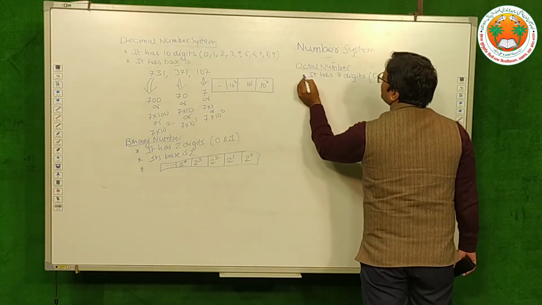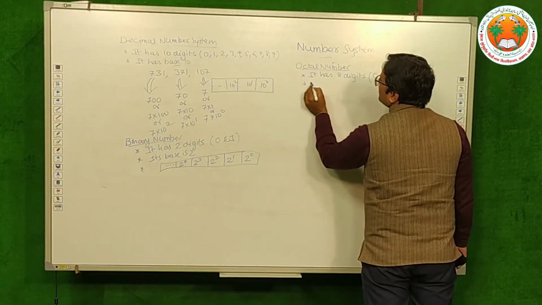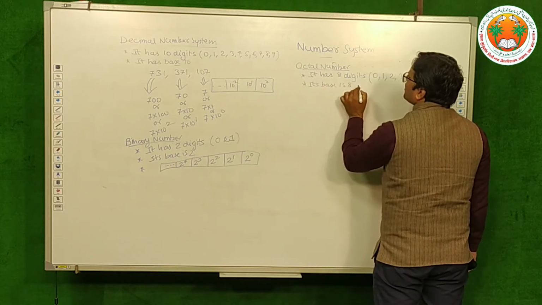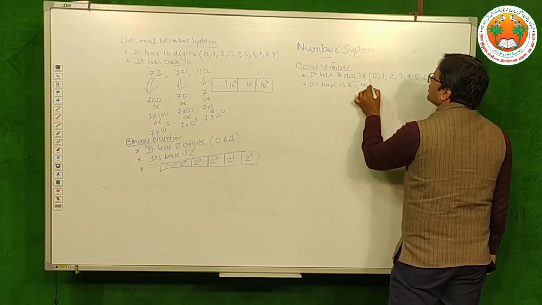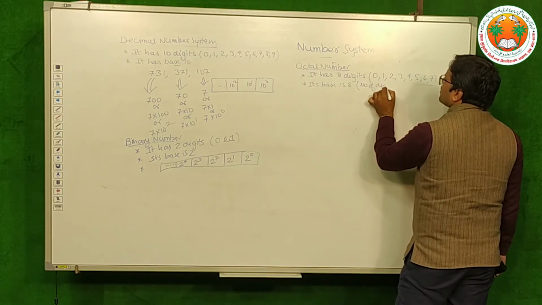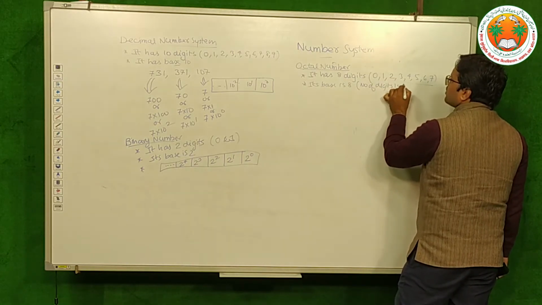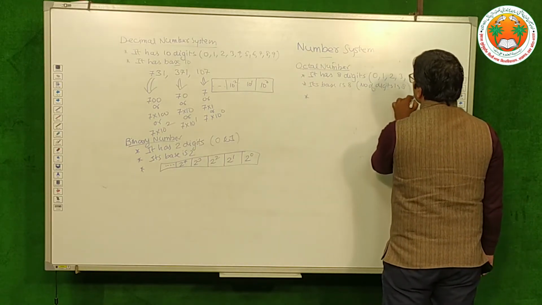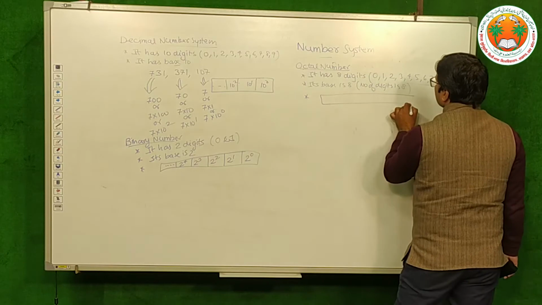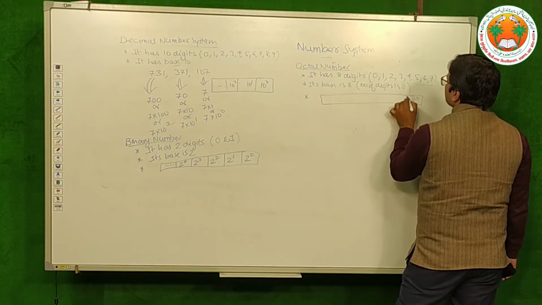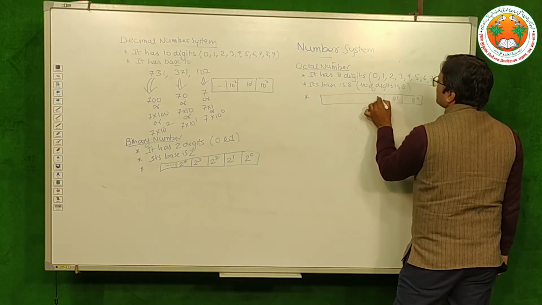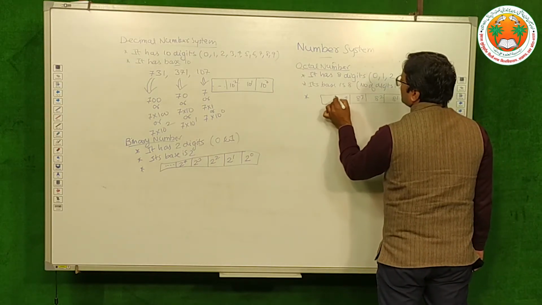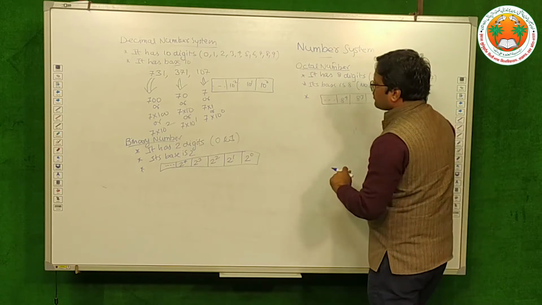Since it has 8 digits, its base is 8. Now the positional weightage of each digit in this system would be 8 to the power 0, 8 to the power 1, 8 to the power 2, 8 to the power 3, 8 to the power 4, and so on.